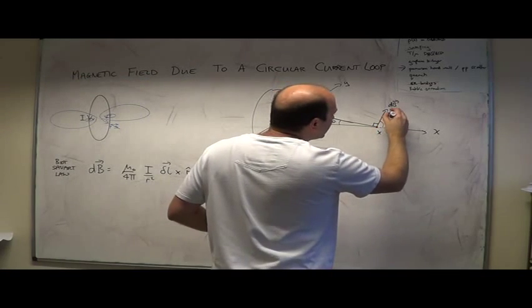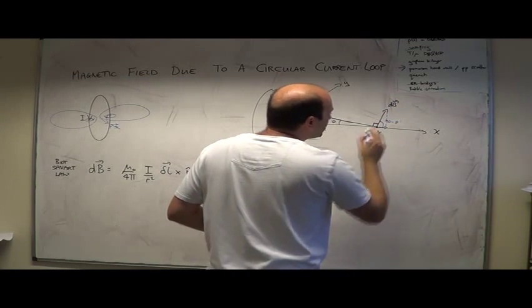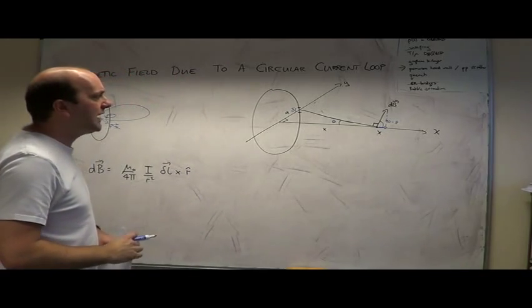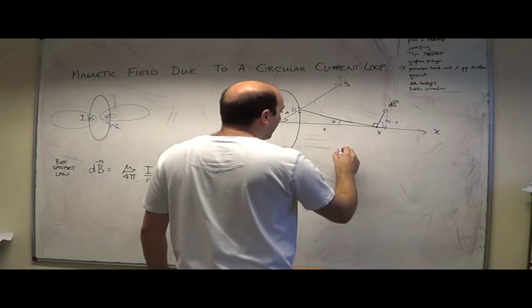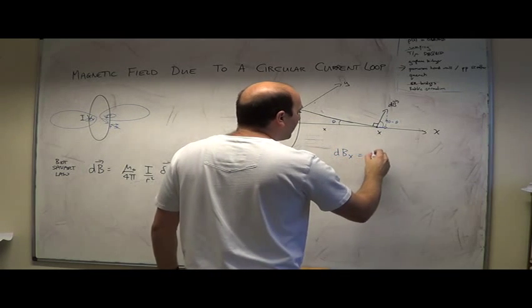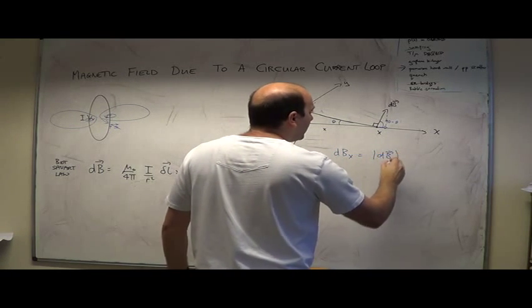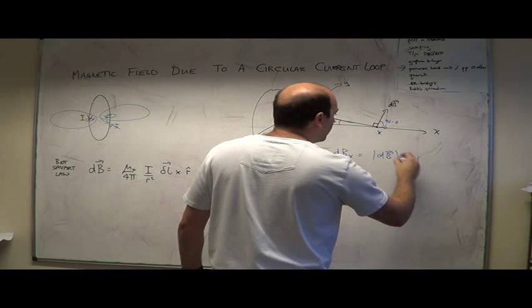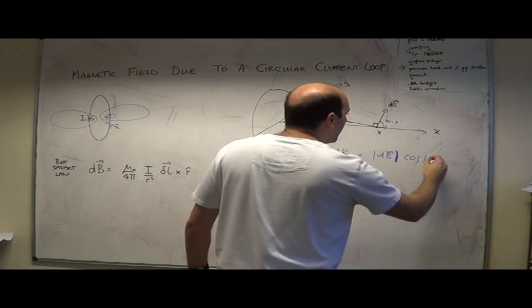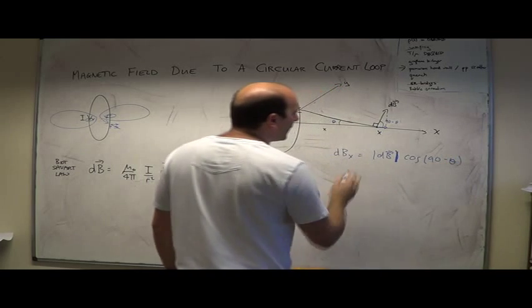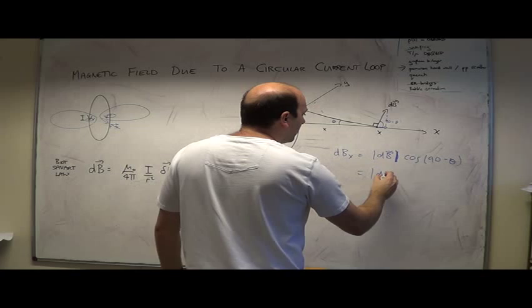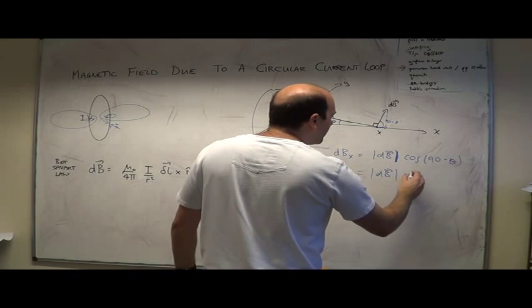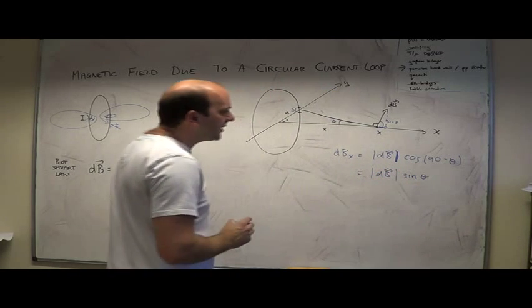So I'm going to be interested in the component of B projected along the x direction. So dBx will be given by the magnitude of dB times the cosine of 90 minus theta. It's projecting here. Using a quick bit of trig, that is the same as sine of theta.